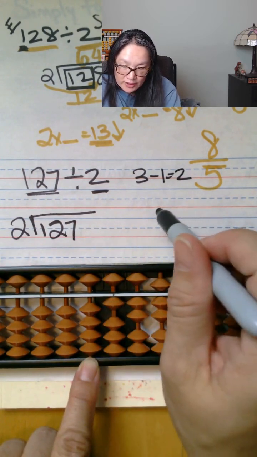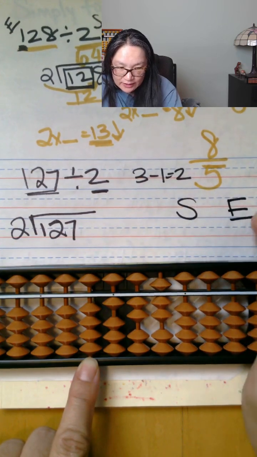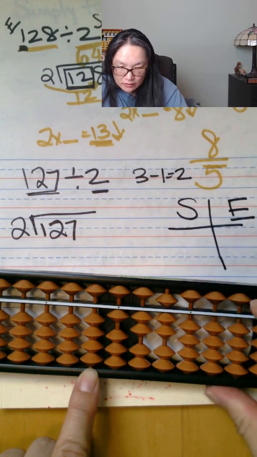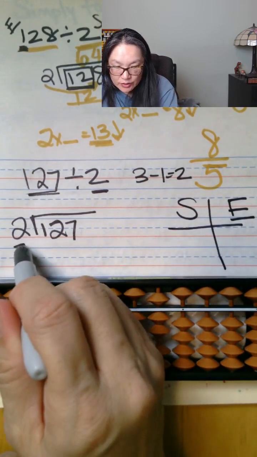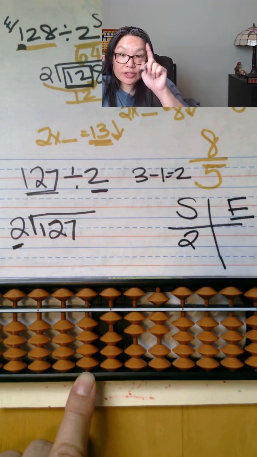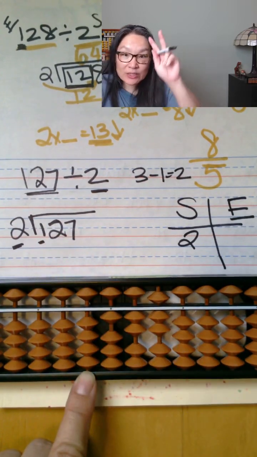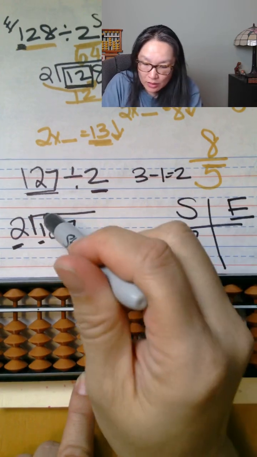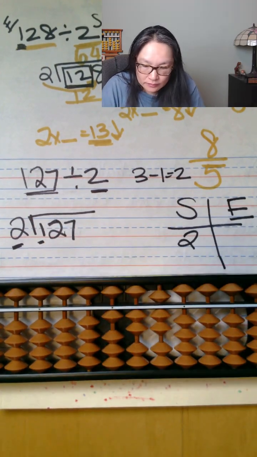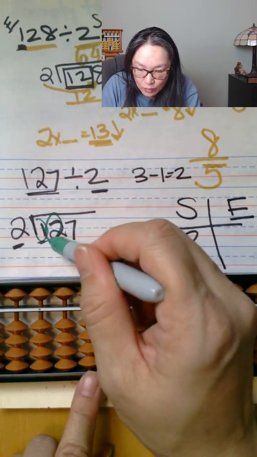Now the question is, who is bigger, my divisor or my dividend? Divisor is 2. My dividend, I'm only looking at the 1 digit. I only need to look at this to see if I need to do 2 columns or 1 column.